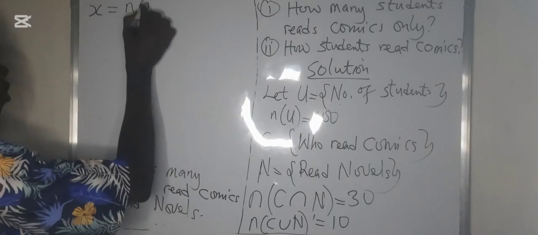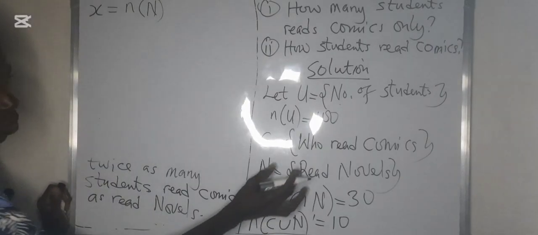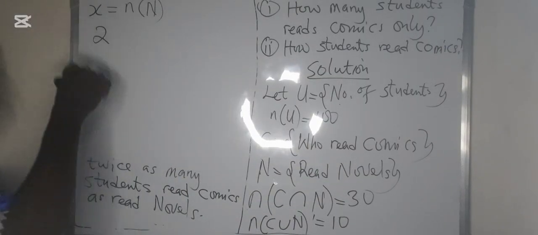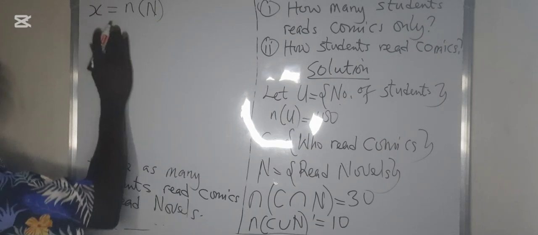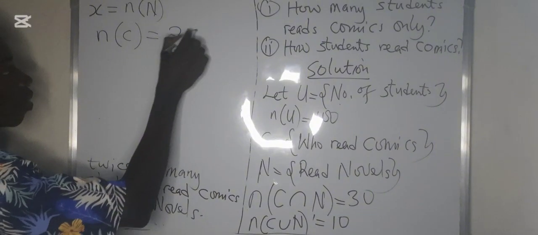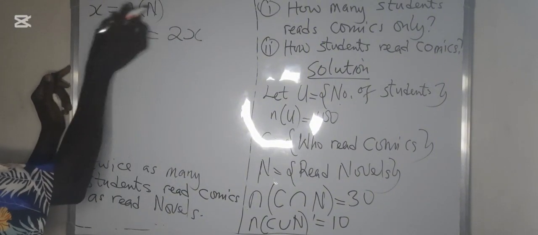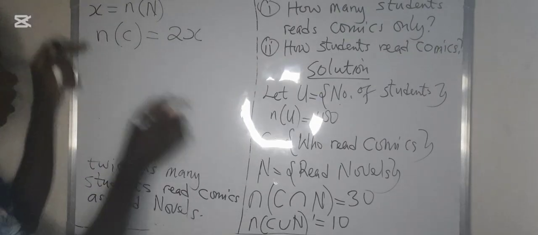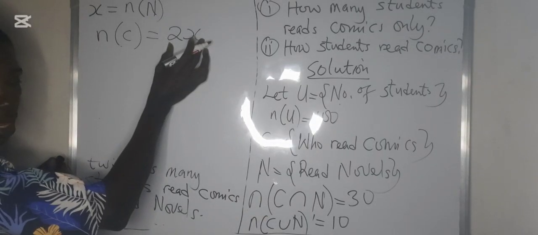The number of students who read comics will be twice, that is 2 times, the number of students who read novels. We said we let the number of students who read novels be X. So the number of students who read comics will be 2 times X. That gives us 2X.